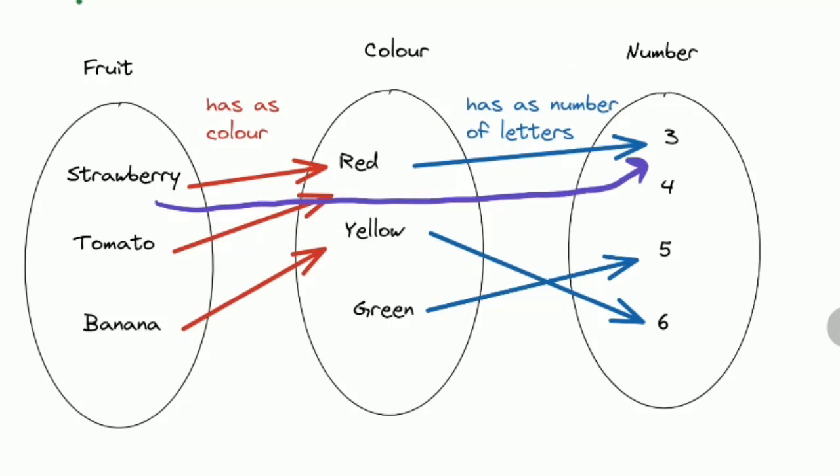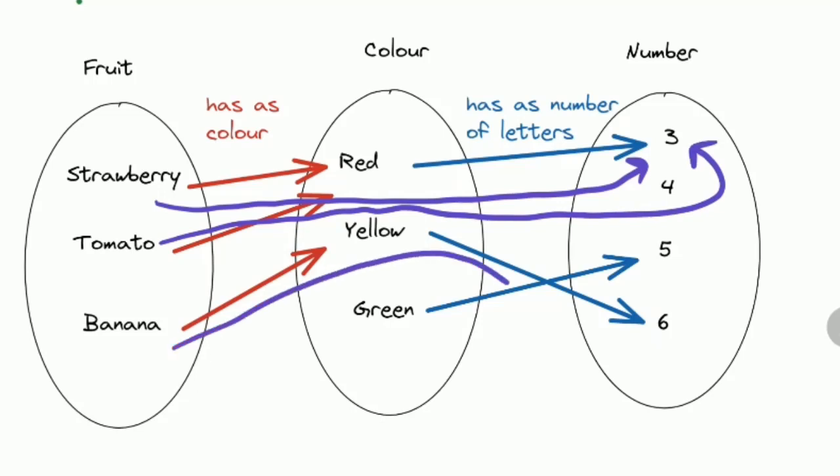So we're going to be sending strawberry to 3 because the red function sends strawberry to red, and then the blue function sends red to 3. Similarly, tomato goes to red and then it goes to 3, while banana goes to yellow and then it ends up going to 6. And so we've composed the red and the blue function.